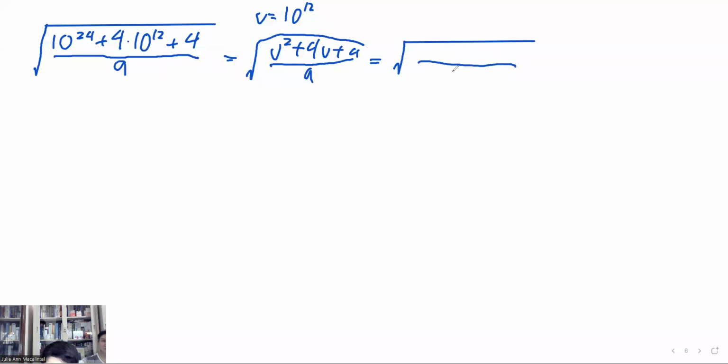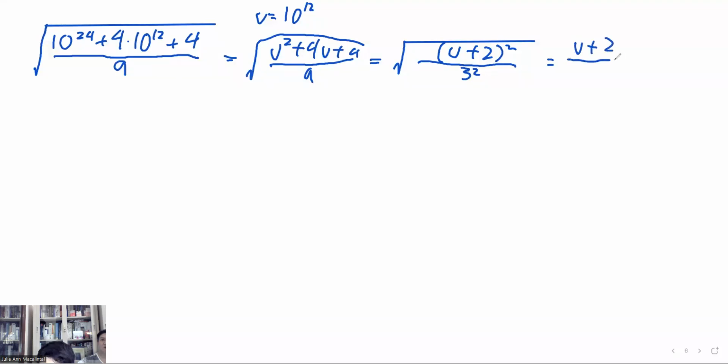So we can also make this 9 into 3 squared. Actually, we can remove the squares already.